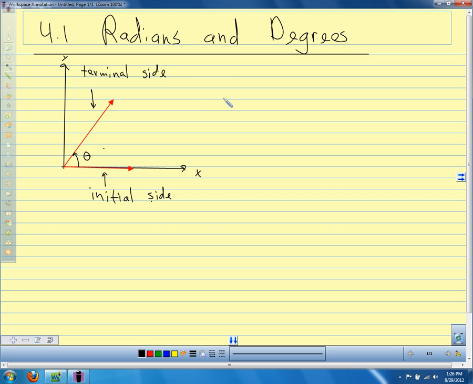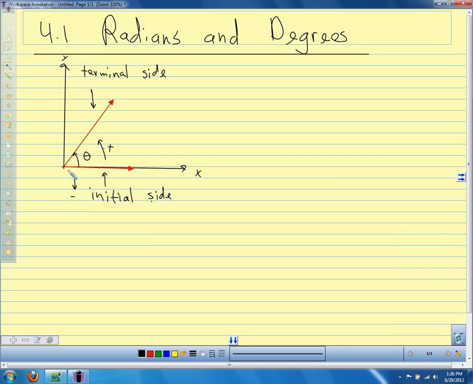If we're talking about a positive angle from our initial side, we're rotating counterclockwise. So that would be positive. If we're rotating clockwise, we would have a negative angle. So positive angle means we're rotating counterclockwise. Negative angle means we're rotating clockwise.